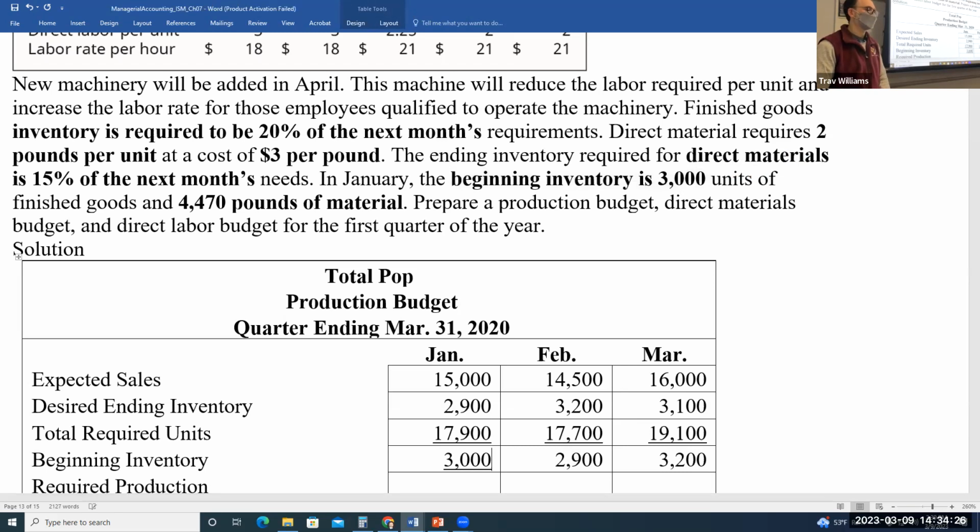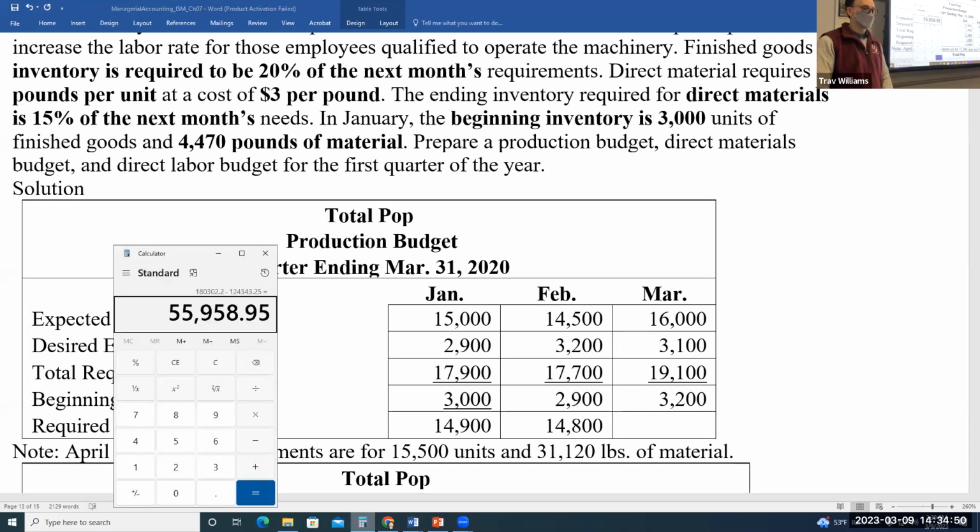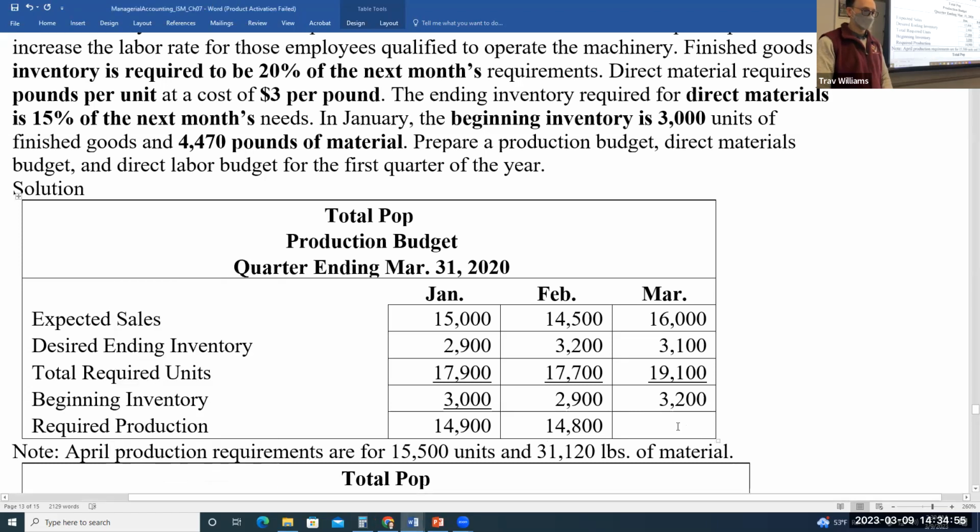However, we could have figured that out because if we had taken January's sales times 20%, we would have gotten 3,000. And what do we do with the beginning inventory? We subtract, right? Okay, so now we have our production budget. Any questions?